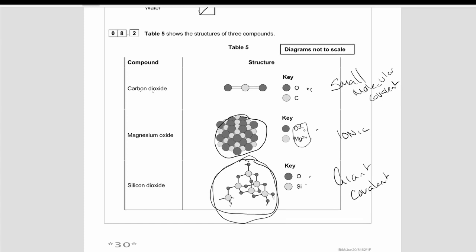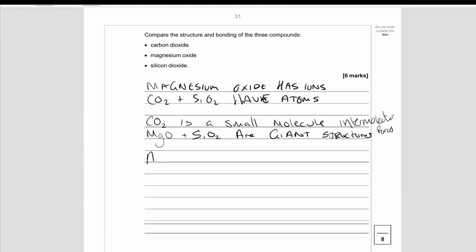Now, covalent bonds and ionic bonds are all strong bonds, so we could mention that first of all. So all three compounds have strong bonds. But we're going to mention first of all that CO2 and silicon dioxide are non-metals.